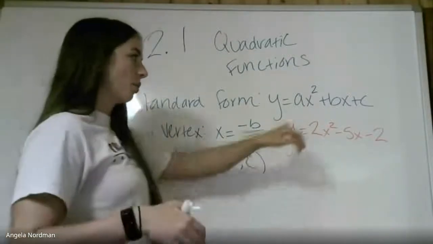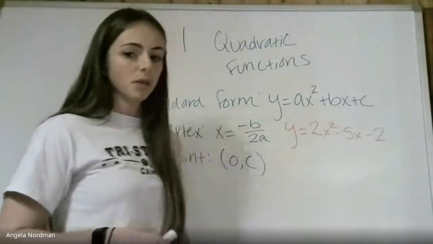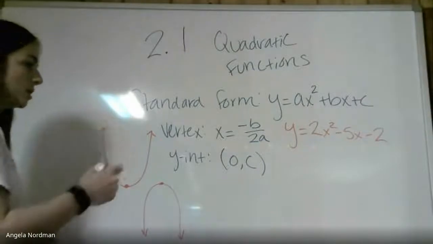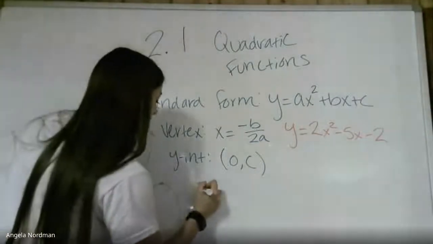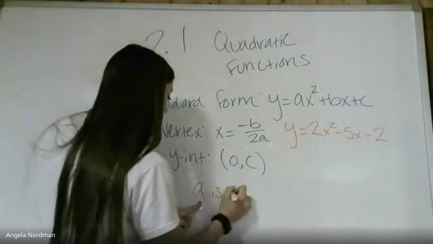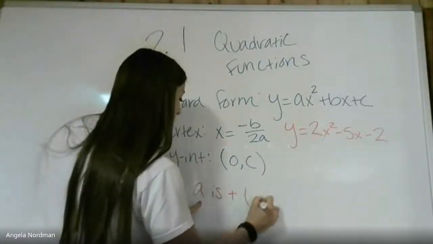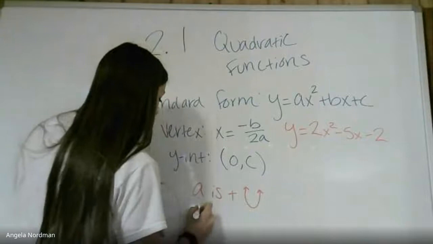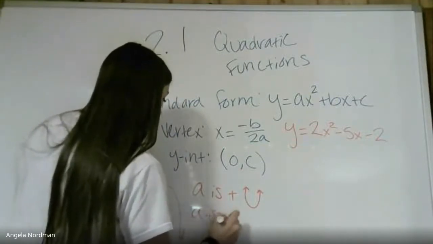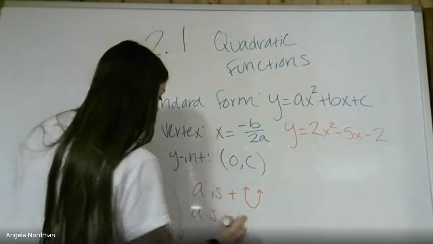So when we first start out, we would always grab the a, b, and c values and then go ahead and keep going from there. One other piece of information to remember is if your a is positive, then it opens up. If your a is negative, then it's going to open down.